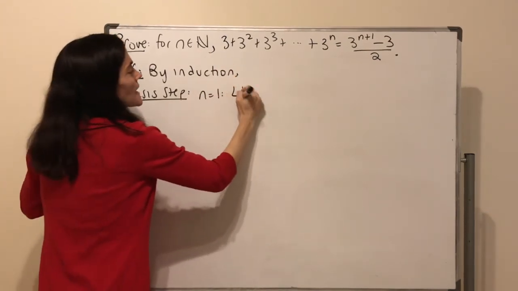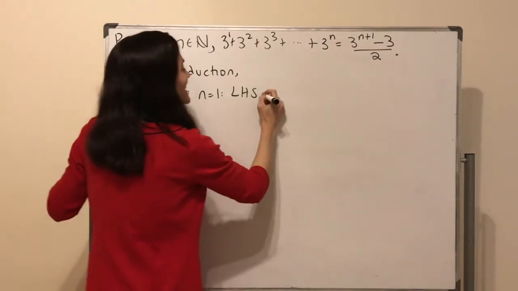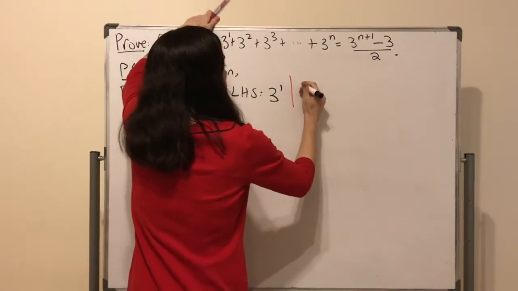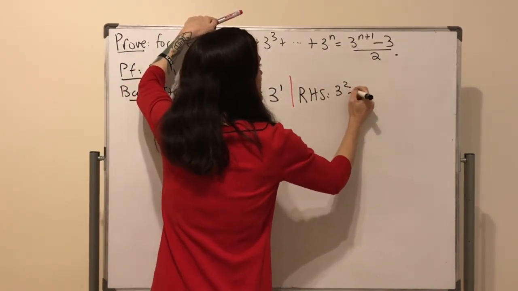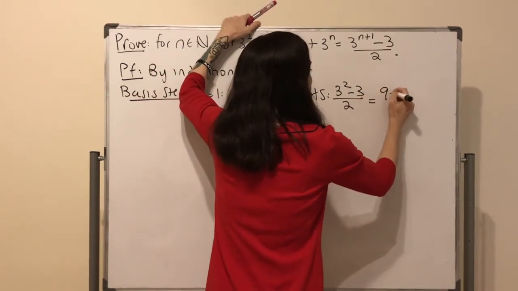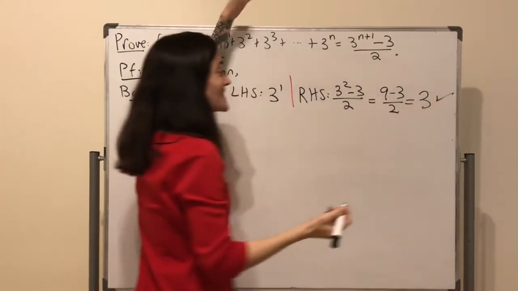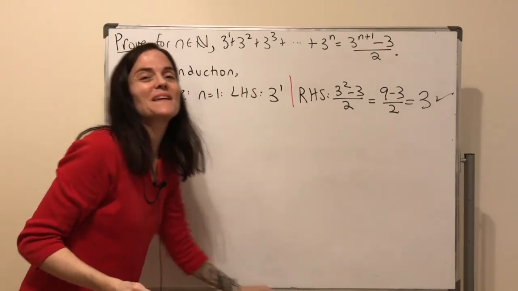Well, the left-hand side will just be 3 to the 1. And the right-hand side is 3 squared minus 3 over 2, which is 9 minus 3 over 2, 6 over 2, which is 3. And everything works out for our basis step.